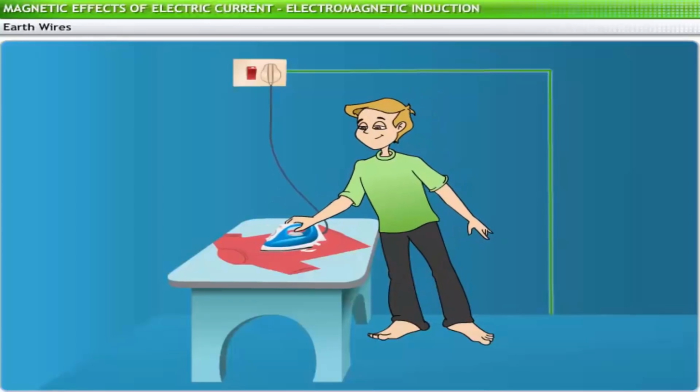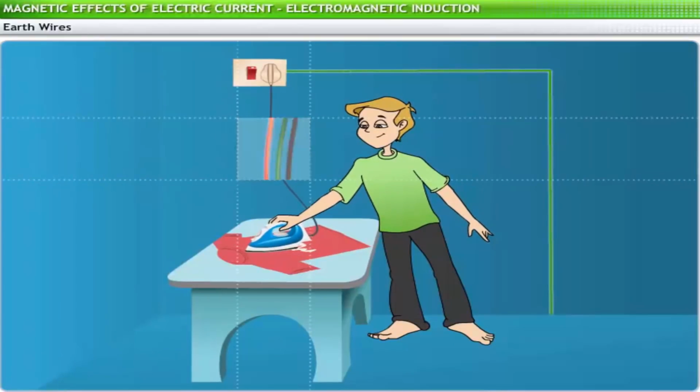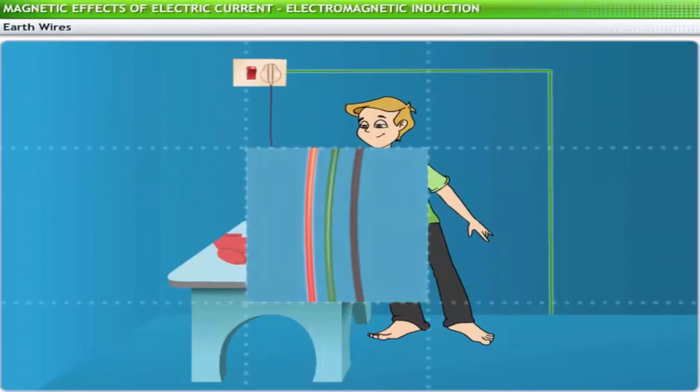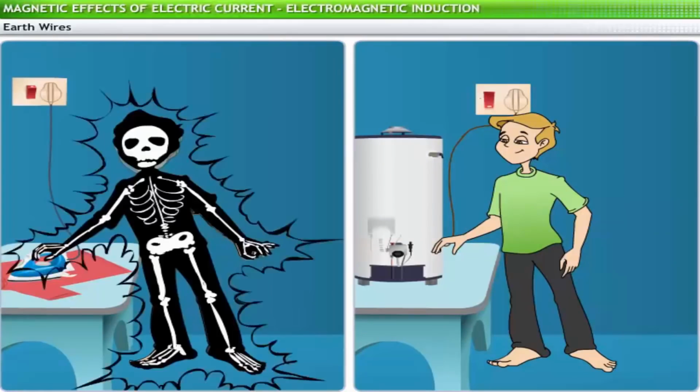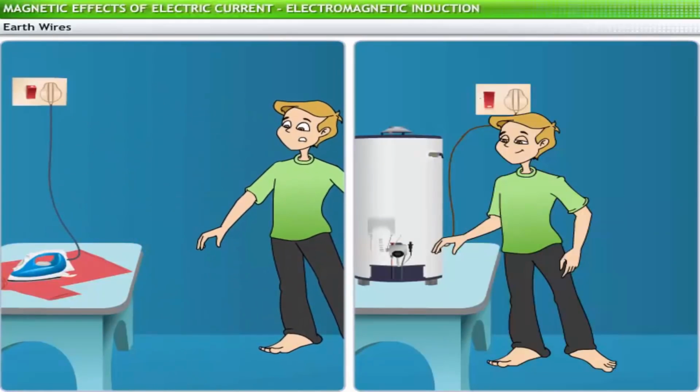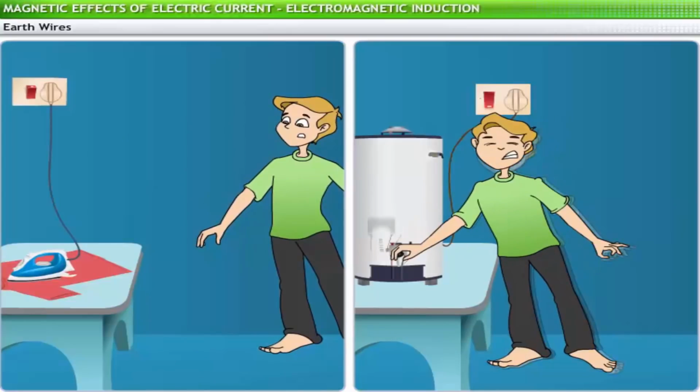Domestic electric circuits also have earth wires used as a safety measure against any leakage of current. In case of power leakage, appliances with metallic bodies such as electric irons and water geysers may convey excess current to a human body in contact.